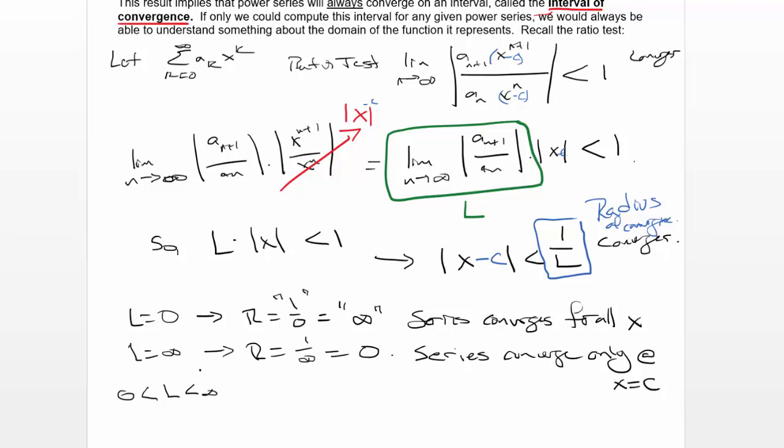So it's just some real number. And this tells me that the radius of convergence is just 1 over whatever this limit of terms is. Note that you don't need to figure out specifically what 1 over L is. You can just rearrange the ratio test so that the absolute value of the x term is less than some number. And whatever that number is will be the radius of convergence.